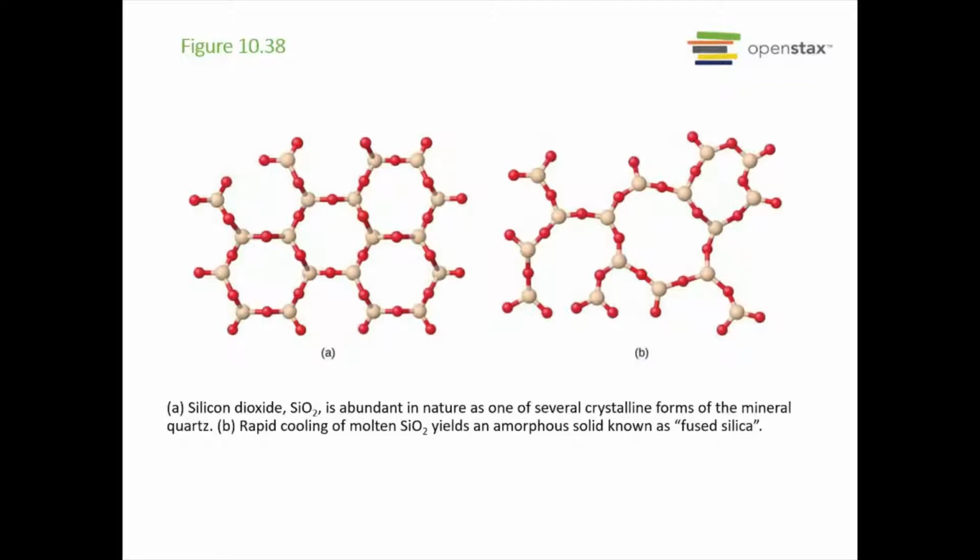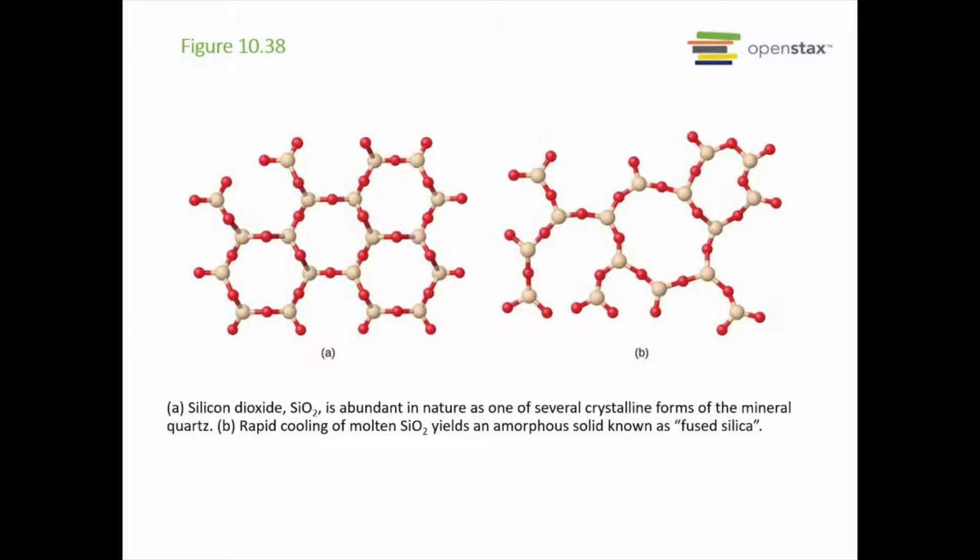Okay, and then here in B is showing also two different forms of silicon dioxide. In A, it is one of several crystalline forms. One of its forms is as quartz. However, if you were to rapidly cool molten silicon dioxide, you get the amorphous form of it, which is also called fused silica.